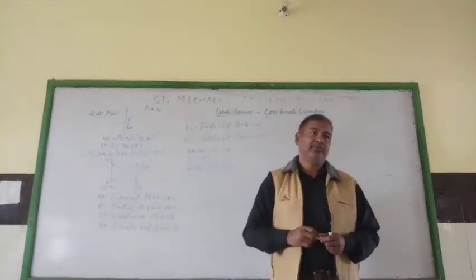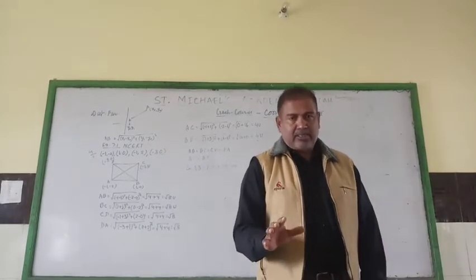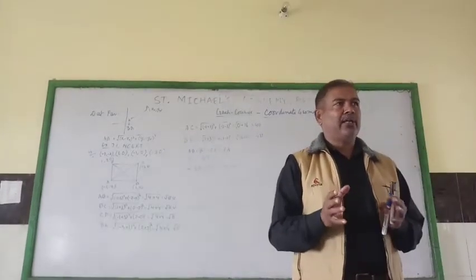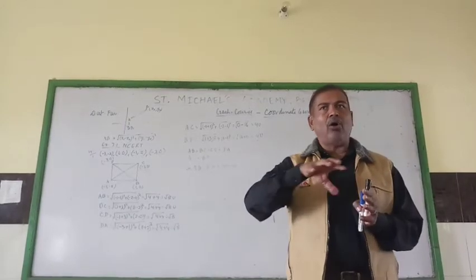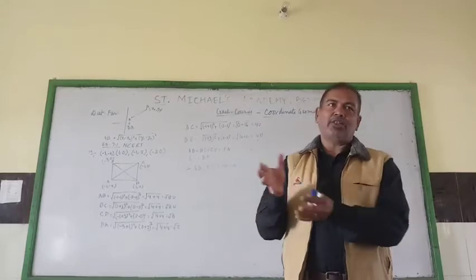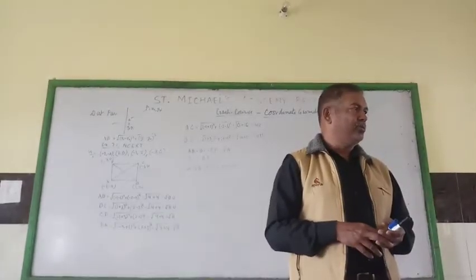Okay. If any doubt from this exercise you can ask. Now I will explain, because in the crash course we are taking only the important questions or the questions which include all the basic formulas or basic concepts. I will explain only those questions so that the things will become clear to you.